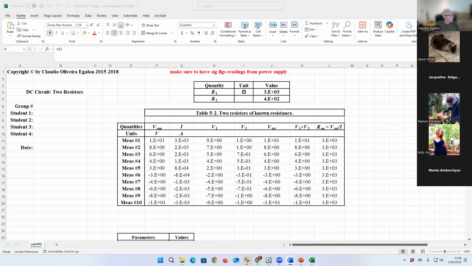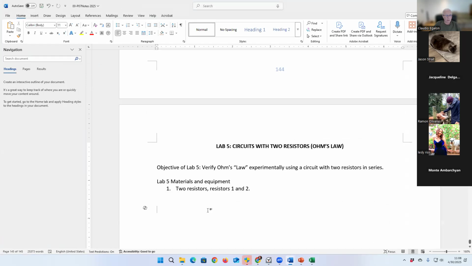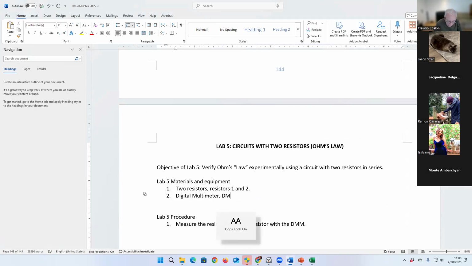Procedure. What's the procedure? We are going to measure the resistance of the two resistors separately with a DMM. Here you go. That's another material here, digital multimeter, DMM. In case you do not remember, let me show you. Okay, here is a multimeter of mine.